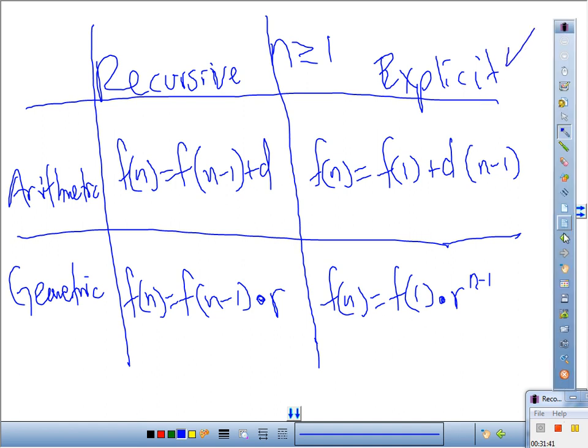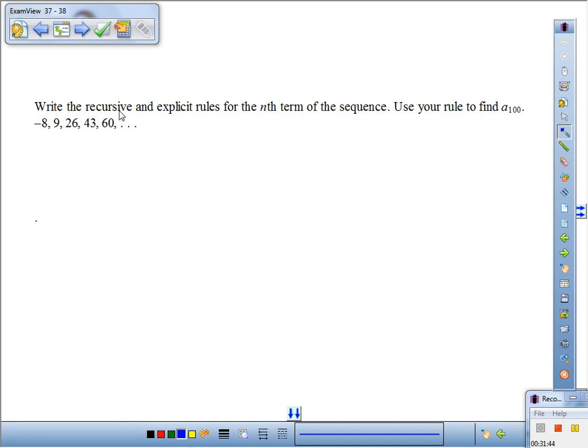All right, now let's go to the problem at hand. Write the recursive and explicit rules for the nth terms of the sequence. So they give us this sequence. So check this out. When you get to these, this is what I want you to do. You're going to make a table first. So, do you have space above it over here, or shall we do it right here? Let's do it right here. We got n, f of n.